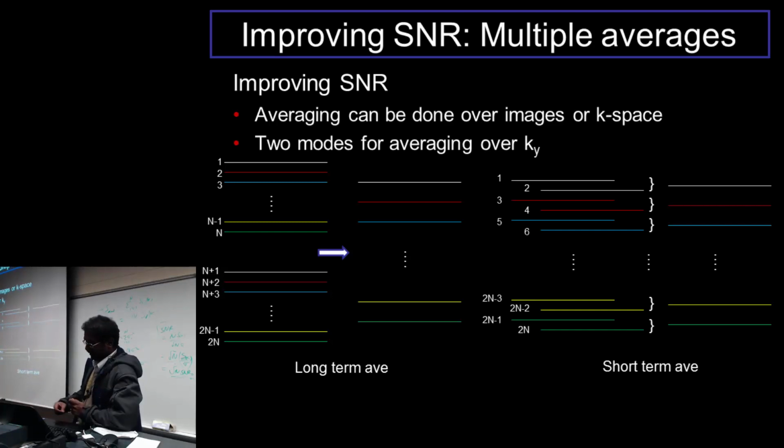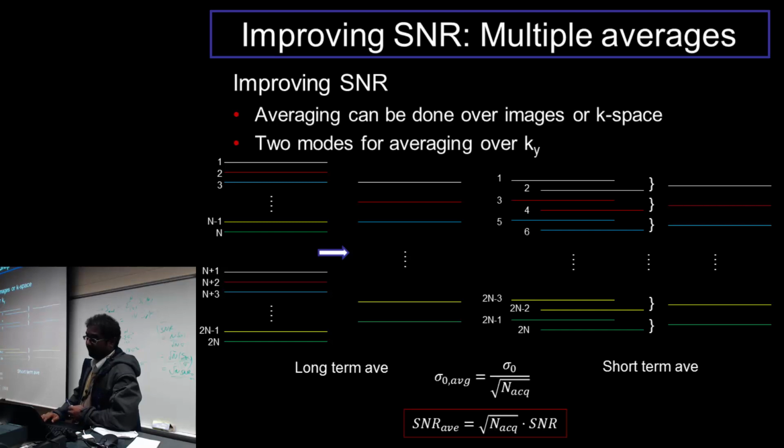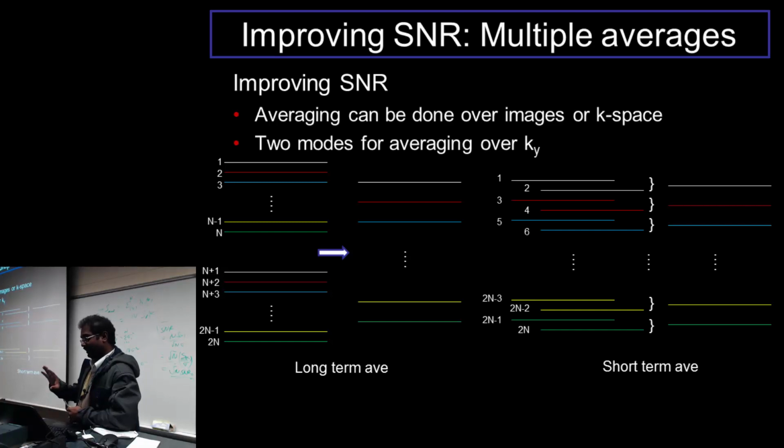So that's one example. Why is the acquisition time lesser in long-term? No, it's not acquisition time being lesser. The acquisition time is always going to be, for a 2D, let's say, Ny times TR. Now in this also it's Ny times TR, but because you're acquiring Ny 2 times, it's actually 2 Ny times TR to collect the full image in this case.